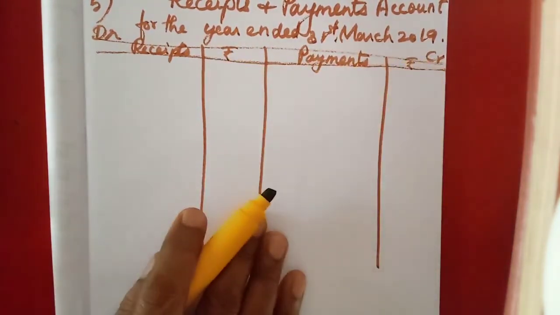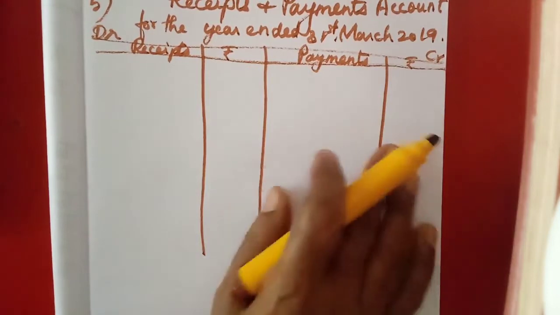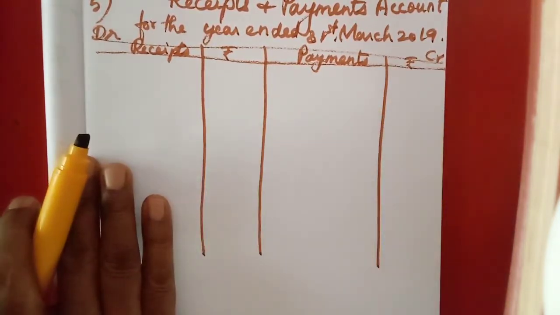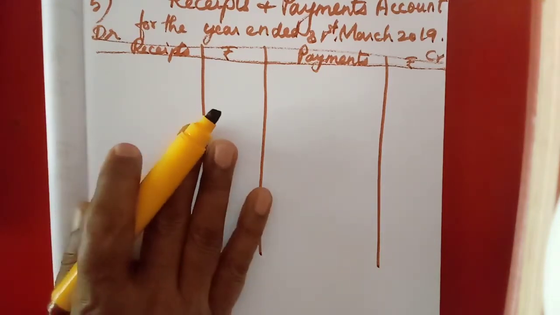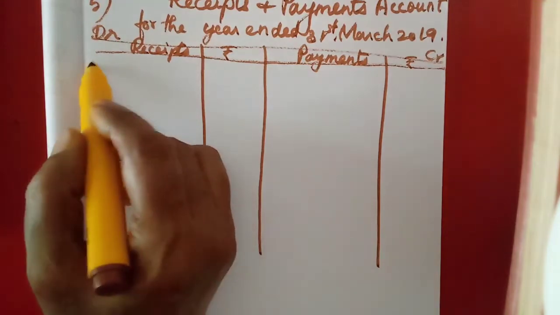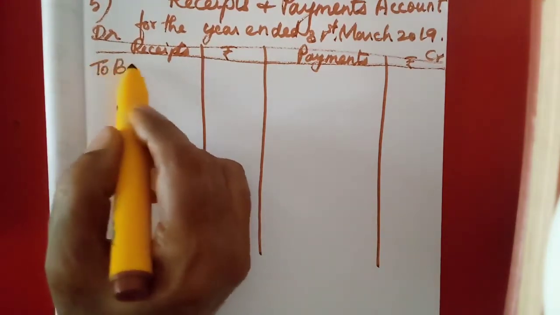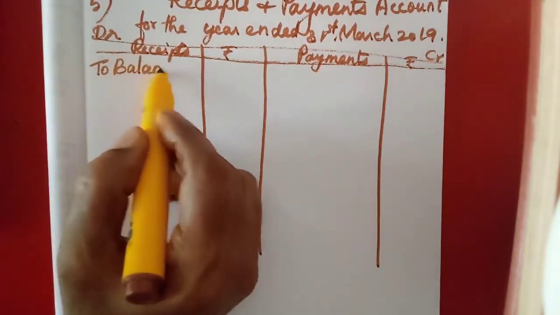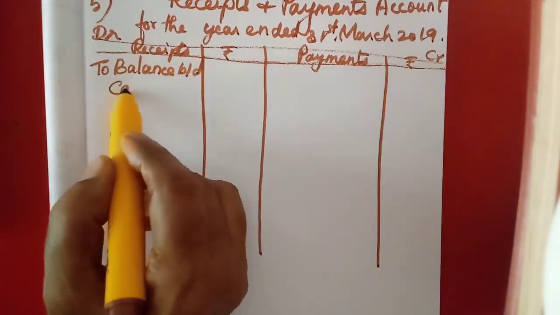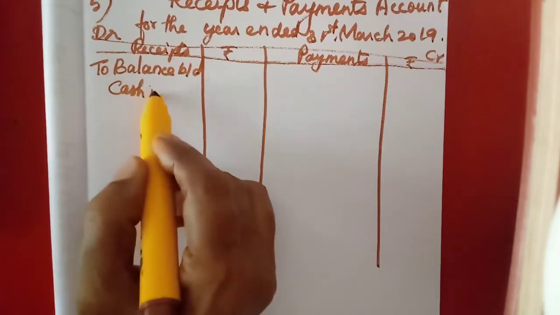When you use both the pages, in the 2 amount columns you write the rupee symbol. On the receipt side also there are 2 amount columns, and you should write rupees. Here the first item, to balance brought down cash. Cash simply we can write, or cash in hand.